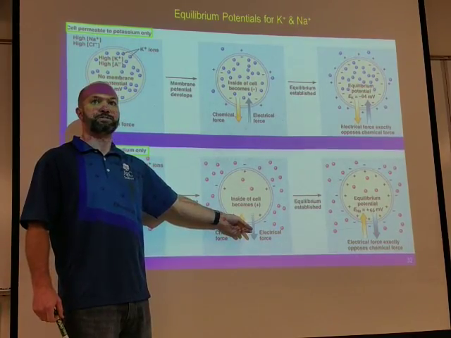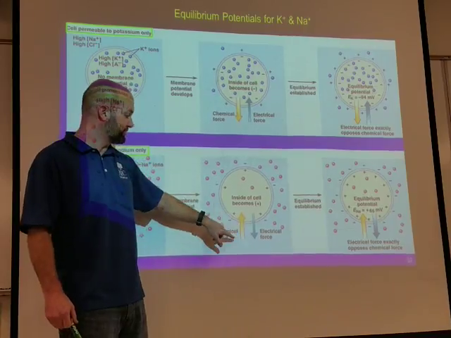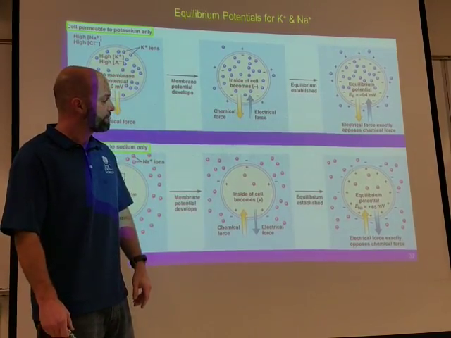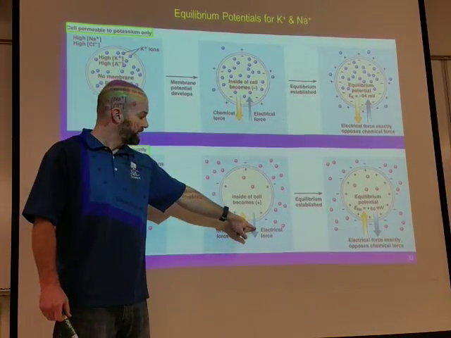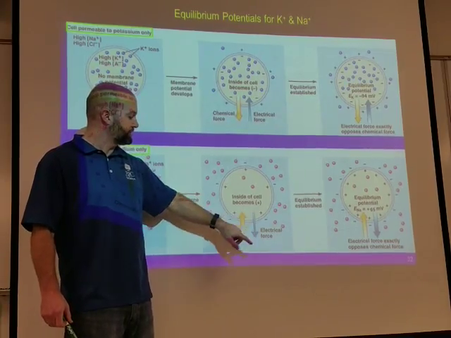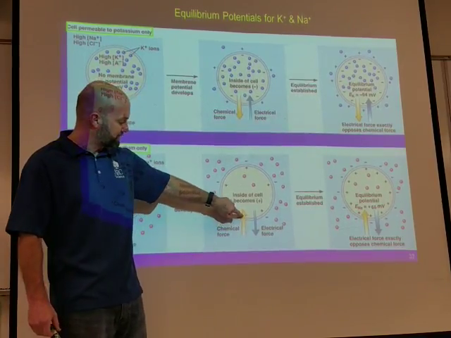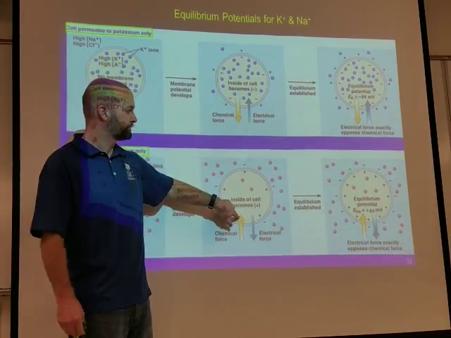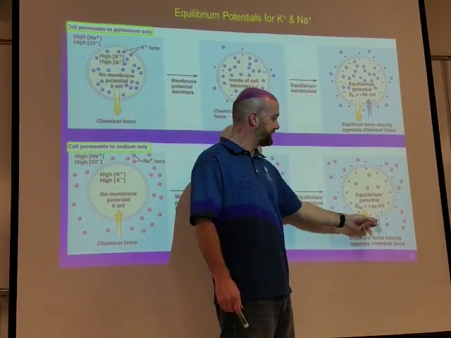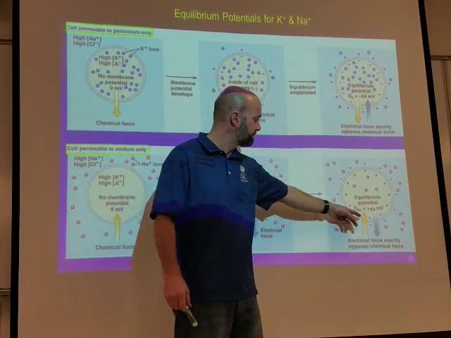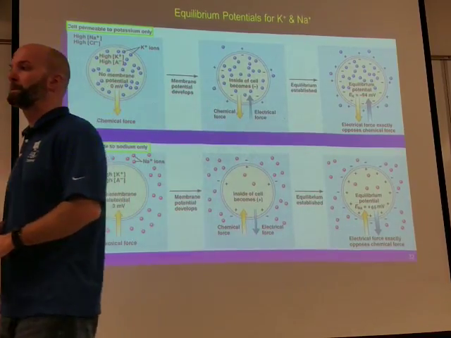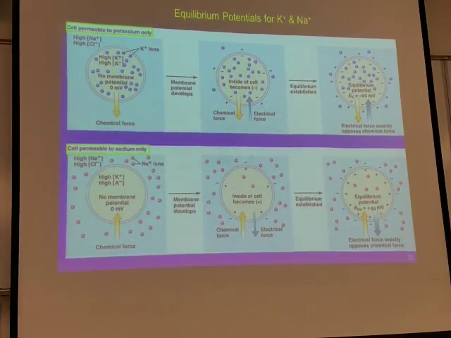It gets stronger and stronger and stronger. And it's opposing that concentration gradient. How positive do you have to make the voltage to exactly counter the chemical force? You've got to hit plus 65, and now you have a strong enough electrical gradient to offset the concentration. So now you're at the equilibrium potential for sodium.